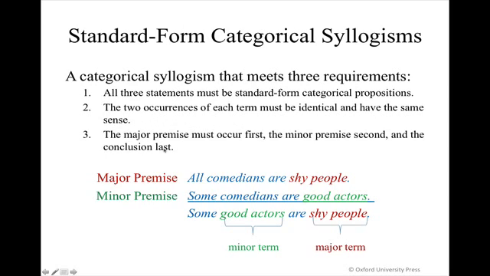Okay, so now let's talk about how we can label our premises. Remember, we talked about the predicate of the conclusion being called the major term.